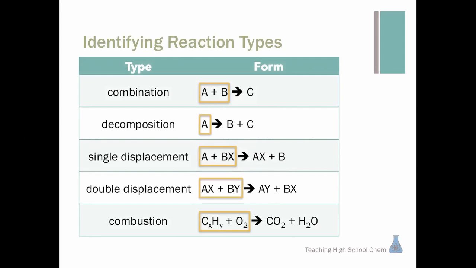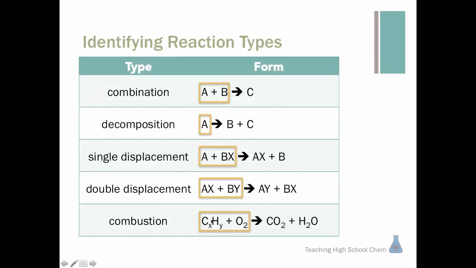Or if I did sodium phosphate plus copper chloride, that would be Na3PO4 plus CuCl2. That would be double displacement. We saw the reaction with butane, C3H8 plus oxygen gives me this.